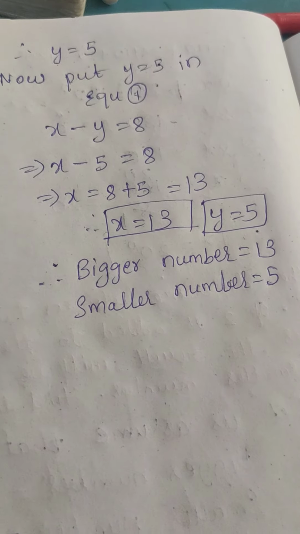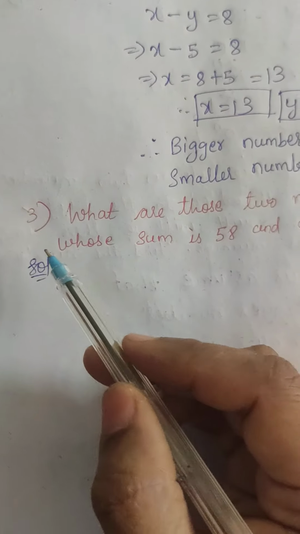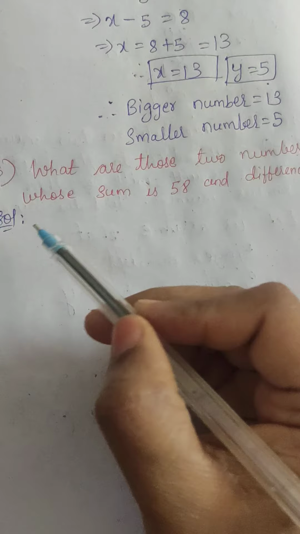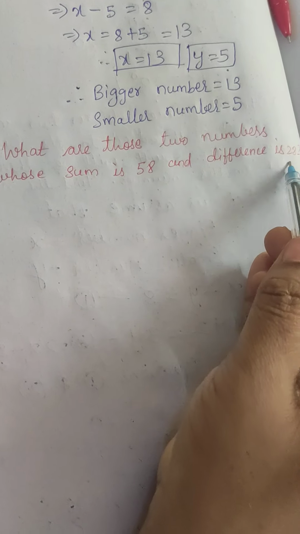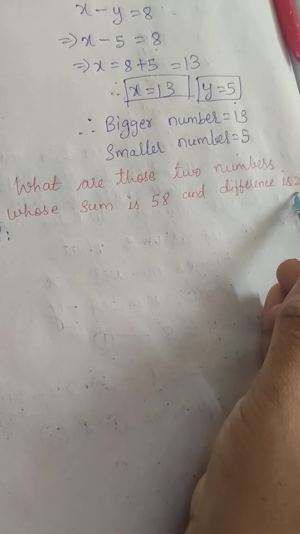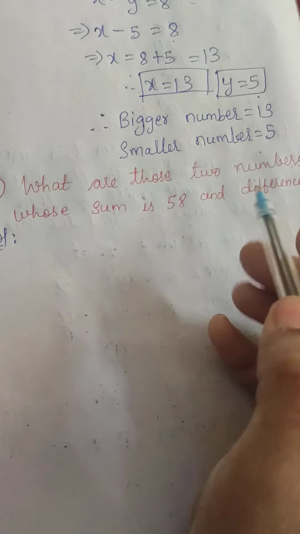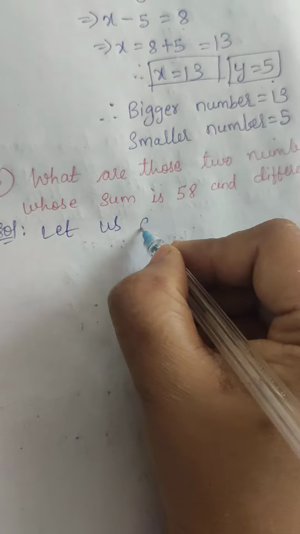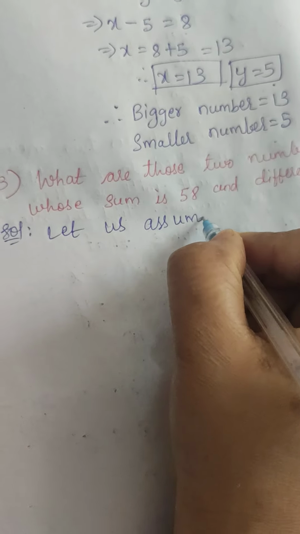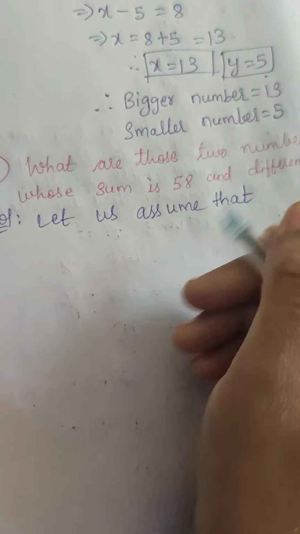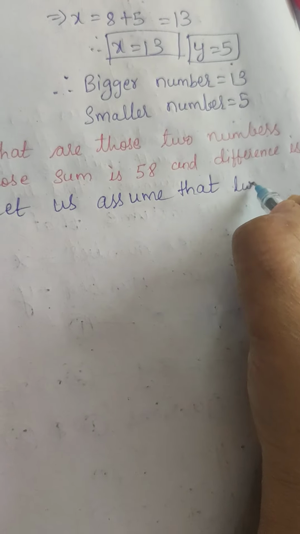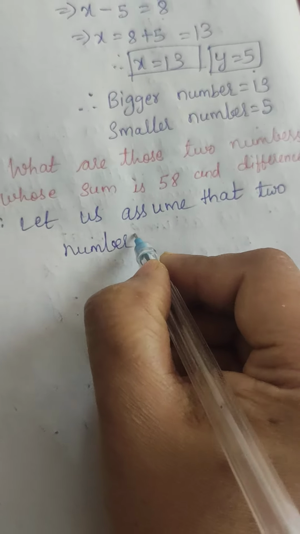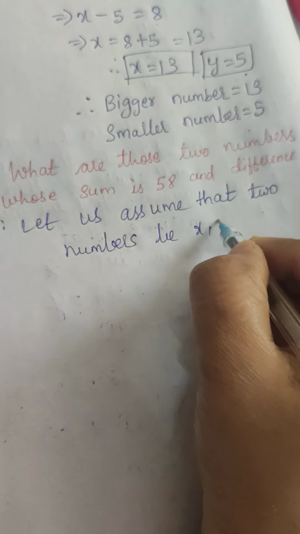Okay, students, we will read out the question number 3 now. What are those two numbers whose sum is 58 and difference is 28? Let us assume that two numbers be x comma y.